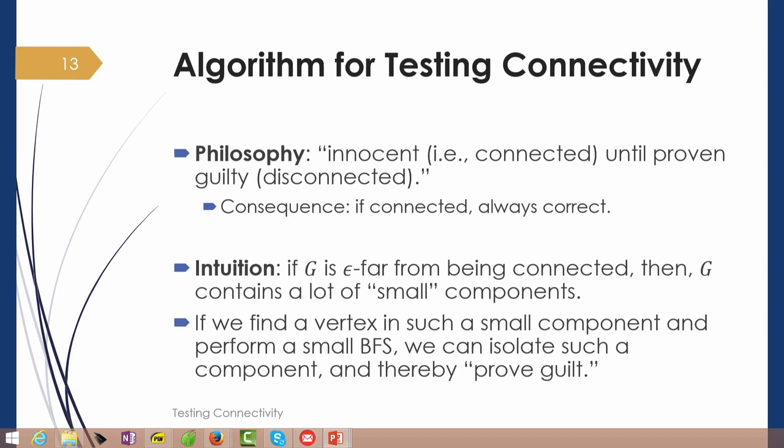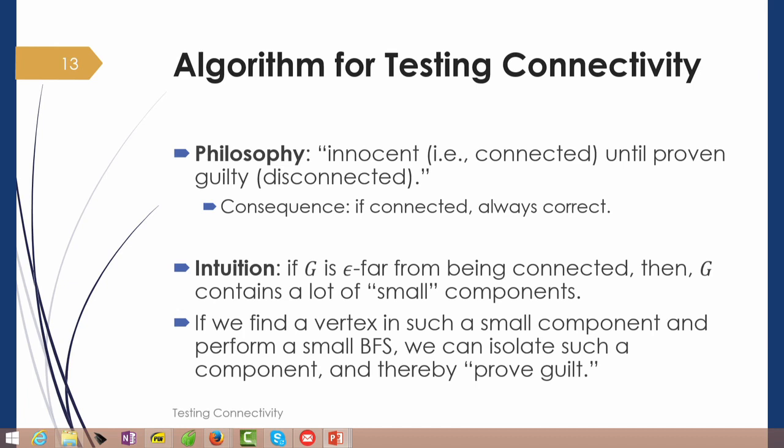As a consequence, the algorithm that we design will always be correct when the graph is connected, because we cannot find evidence that it's not connected. And moreover, if we say that the graph is disconnected, then we will only say so when we have clear evidence that it's actually disconnected.